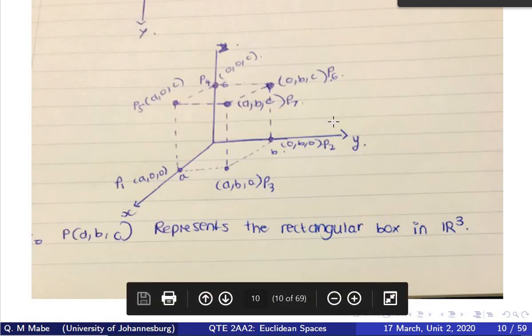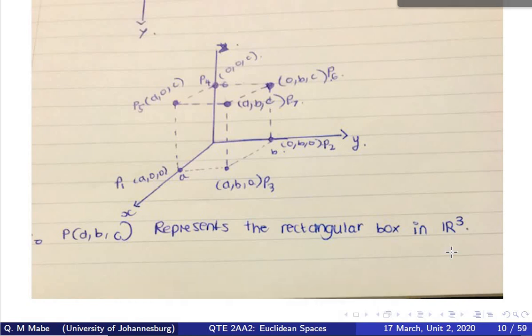So with regards to establishing that the point ABC represents the rectangular box, we're going to plot our points. For instance, when A, our x coordinate, is non-zero and all other coordinates are 0, it means that we're sitting exactly on the x-axis.